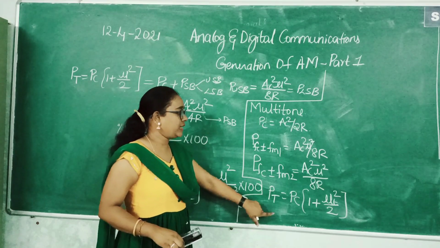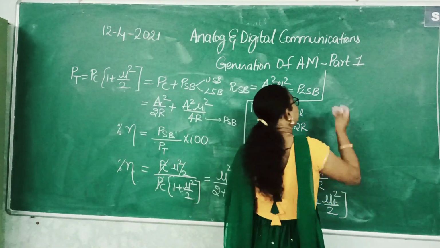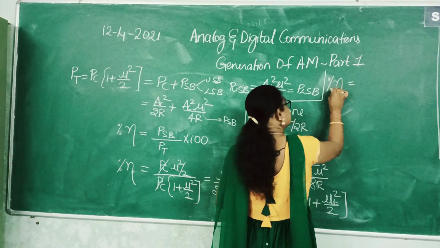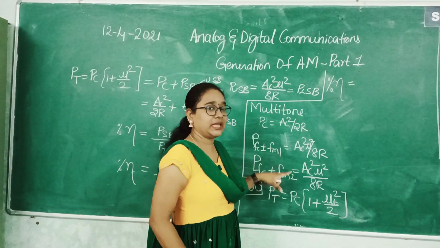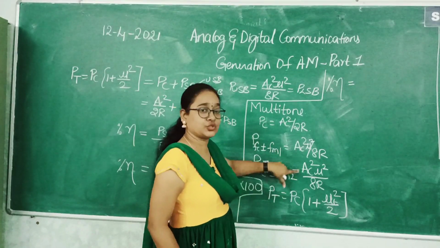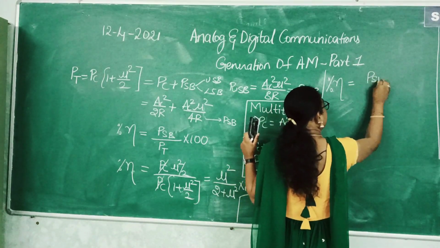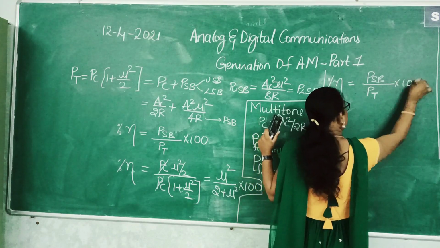Let's calculate the efficiency of multi-tone. Efficiency means the percentage of power retained in the sidebands only. So we take the sideband power to that of the total power, times 100.